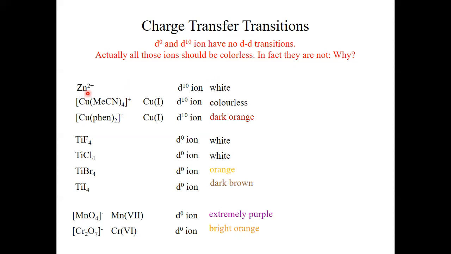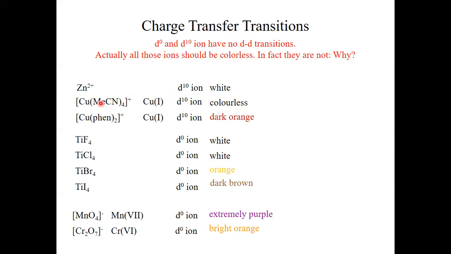So now let's look at the copper complex, such as tetraacetonitrilo copper(I), which contains a copper ion. Our copper ion is also a d10 ion, and again, one would expect that the respective complex is colorless. And in this case, it is actually colorless, as we would expect.